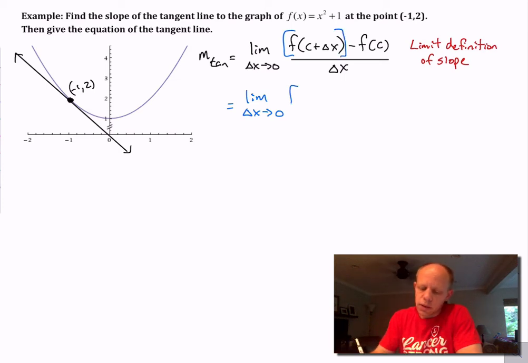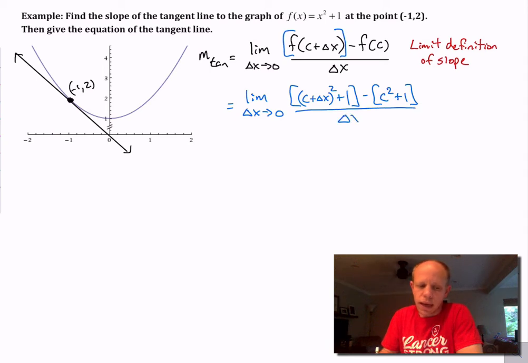So we're going to take that c plus delta x and substitute it into our function for x. And so I'm going to get (c plus delta x) squared plus 1. Okay. Now I'm going to take the c and substitute that in for x right here. So I'm going to have minus, this is going to be c squared plus 1. This is all going to be over delta x.